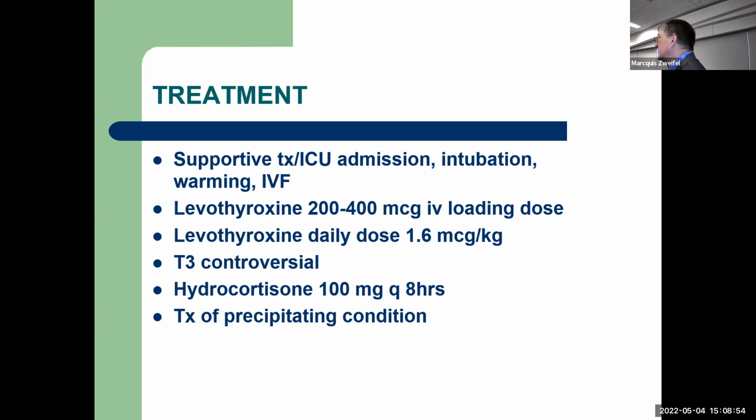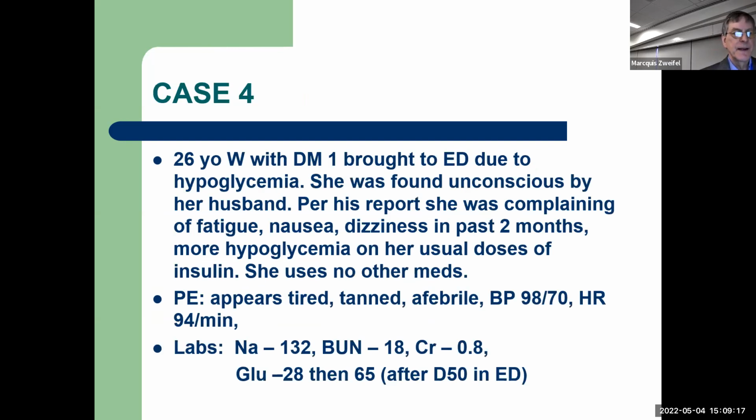If they have it, give it. If they have to order it, forget it. By the time it gets to you, you're past the time where it's going to make a difference. Okay? So it's just not used very much, so it's very difficult to have in stock all the time. And give steroids and figure out, you know, what else was there.